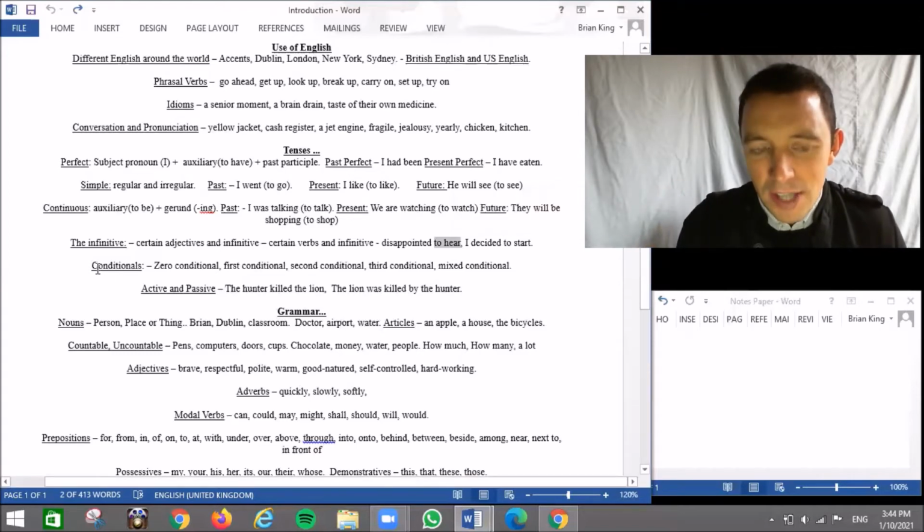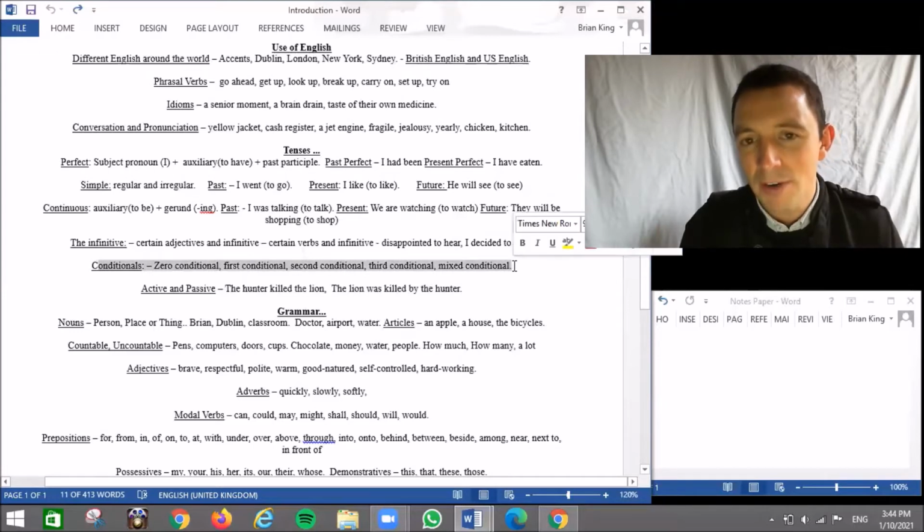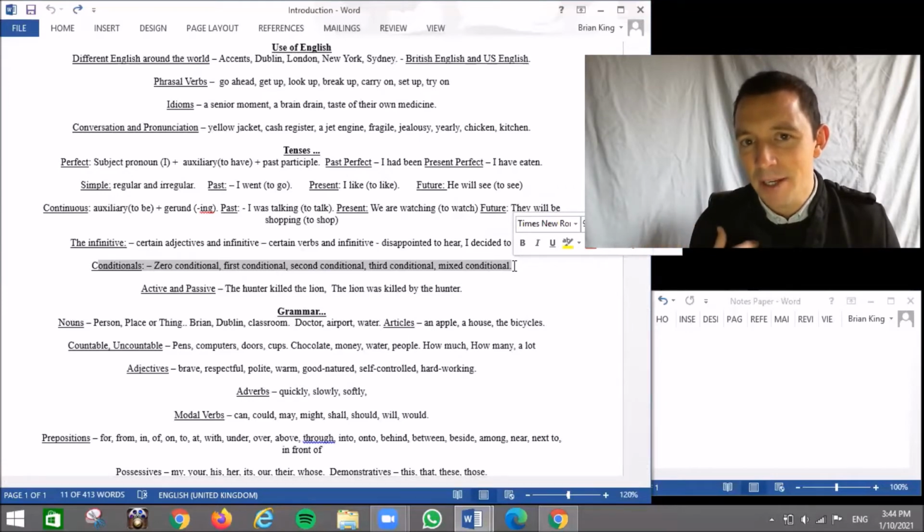Okay, the conditionals are very complicated, very complicated, pero en realidad no son muy importantes con la gente nativa, en mi opinión. Solo es necesario para exámenes y para ser claro.